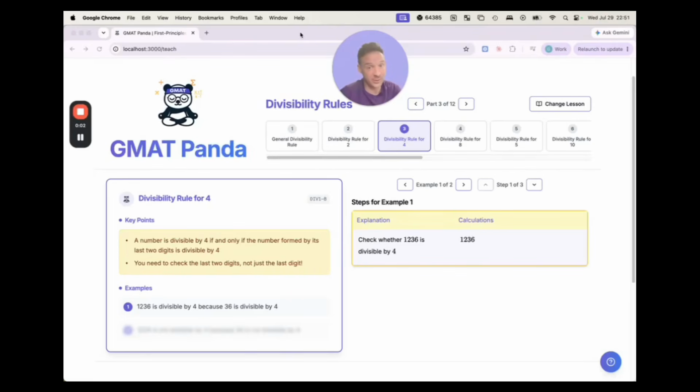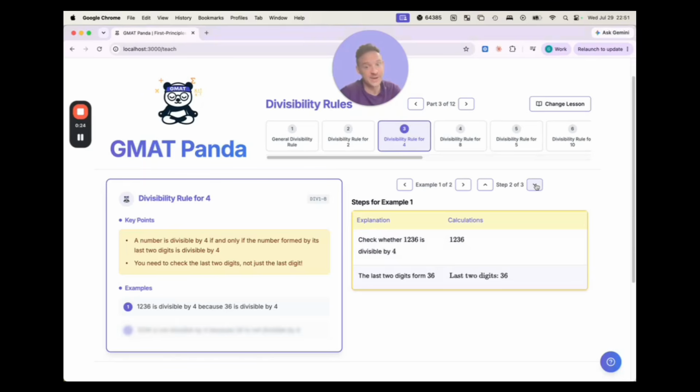One way of checking whether a number is divisible by 4 is to just look at the last 2 digits and check whether that number is divisible by 4. So, as an example, 1236, we're trying to check whether it's divisible by 4. We first isolate the last 2 digits and we get 36.